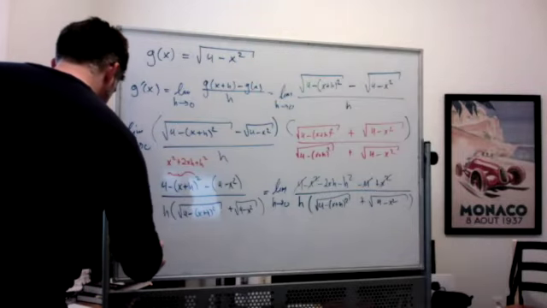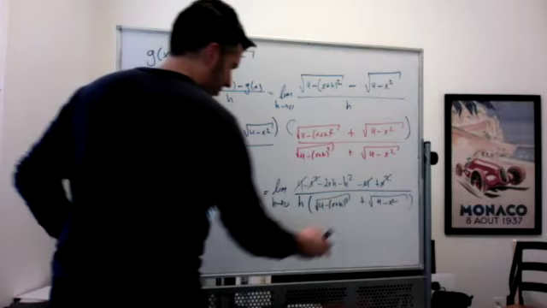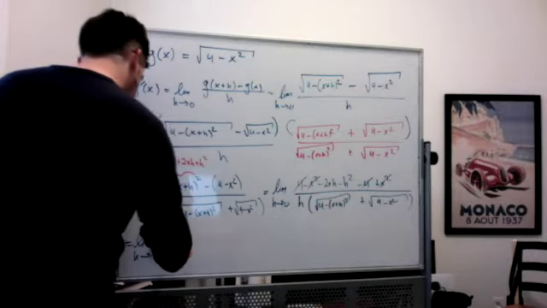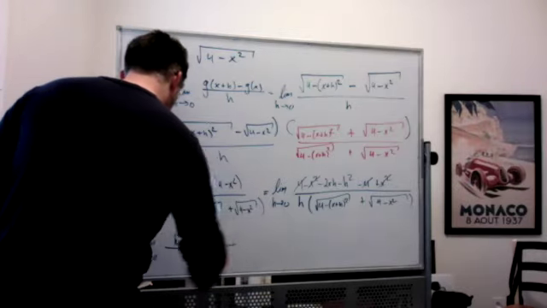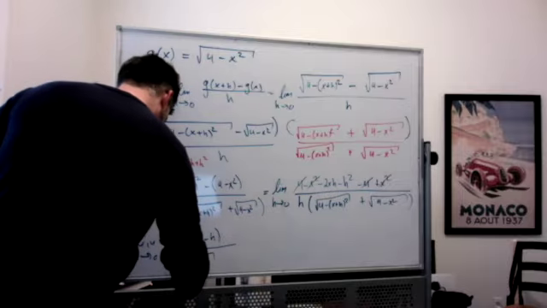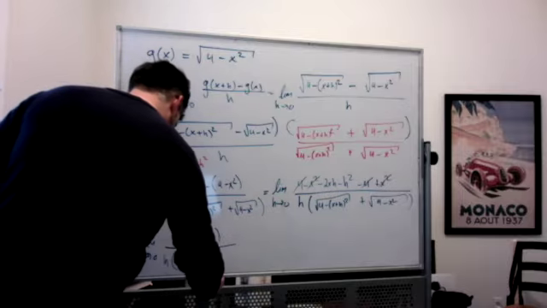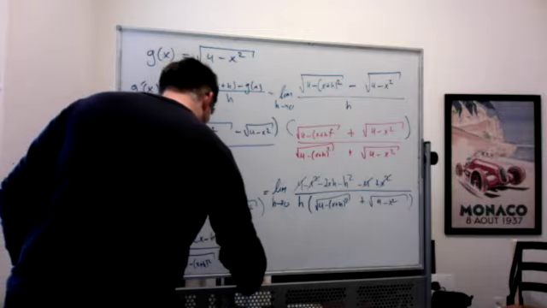So we're left with the limit as h goes to 0 of, so I have a negative 2xh minus h squared. Let's factor out an h. So I have an h times a negative 2x minus h over h times all of that stuff. The square root of 4 minus x plus h squared plus the square root of 4 minus x squared.